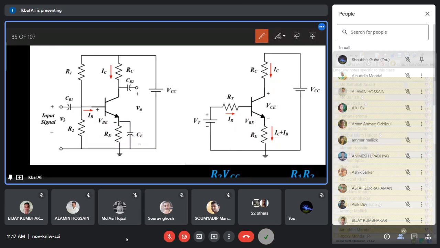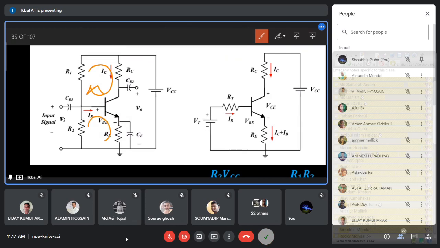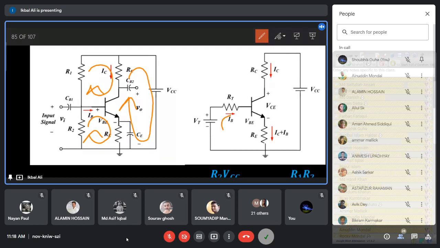তাহলে দেখো আগের সার্কিটটা, কটা লুপ ছিল? এখানে একটা লুপ, এখানে আরেকটা লুপ, আর এইখানে আরেকটা লুপ। এটা তোমার 3 মেশ সার্কিট ছিল আগেরটা। থেভেনিন থিওরেমটা অ্যাপ্লাই করে এই সার্কিটটা আমি সিম্পল করে নিলাম। Only 2 loops now, one is the input loop, this one, and another is the output loop, this one.